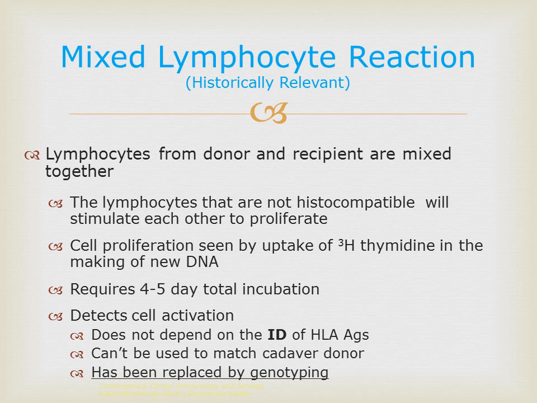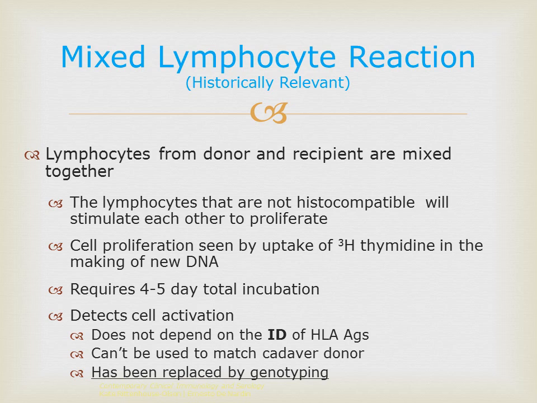In the mixed lymphocyte reaction, which is historically relevant, not used very much anymore, in this test methodology, lymphocytes from the donor and the recipient are mixed together. If those lymphocytes are not compatible, they'll stimulate each other to proliferate. We assess the amount of proliferation by using tritiated thymidine.